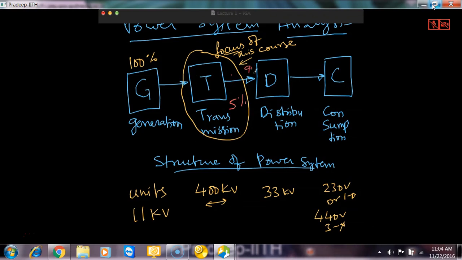Then the remaining 95% comes to the distribution network. Again, there are some losses here in the distribution network, which are somewhat more significant because of the low voltage nature. So from 95%, the losses might go as high as 15%. So we get about 95 minus 15, that is about 80%.